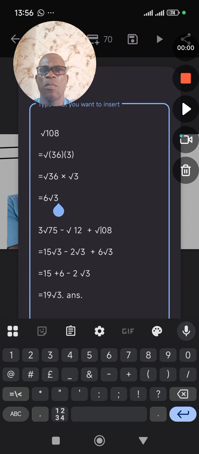It now becomes 15 square root 3 minus 2 square root 3 plus 6 square root 3.